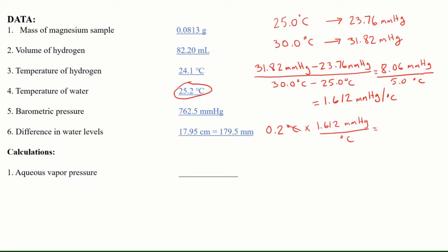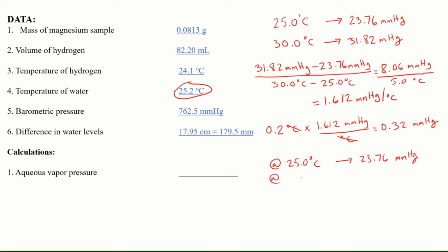The degrees cancel, and I see that this will be 0.32 millimeters of mercury. Okay, so I know at 25 degrees Celsius my pressure is 23.76 millimeters of mercury.